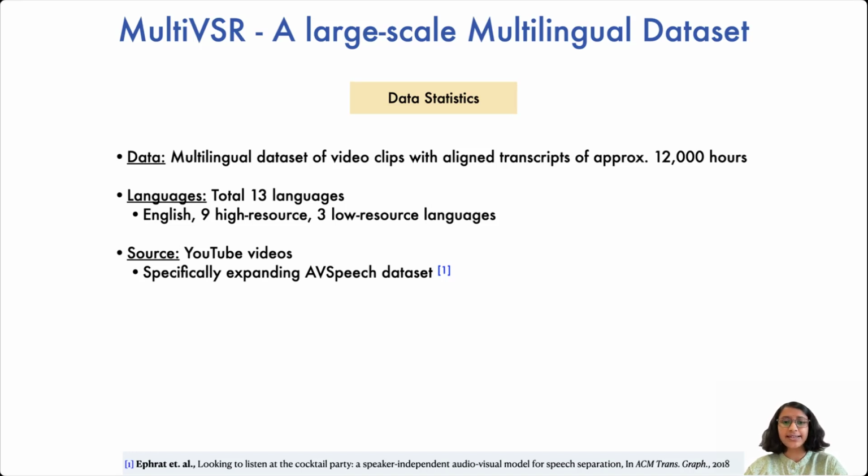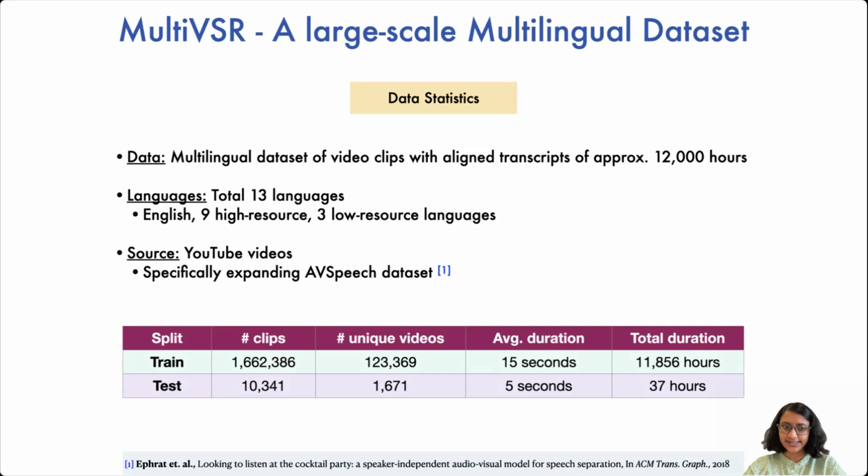The dataset is automatically gathered from publicly available YouTube videos. Some of the statistics of our final data is shown in the table here. MultiVSR is a massive dataset with a huge diversity in terms of the speakers as well as languages, totaling up to 12,000 hours of video data.